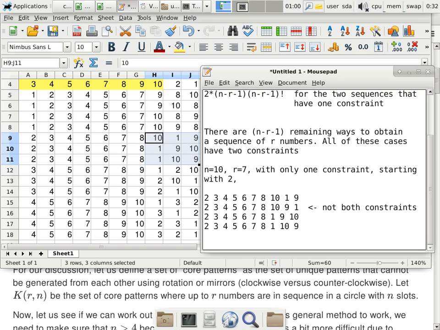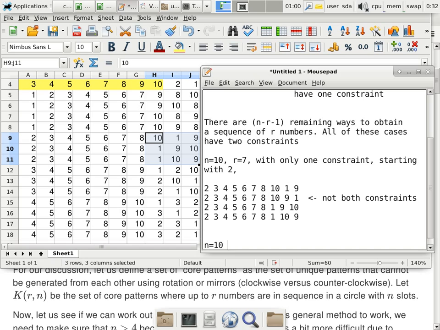Is that okay or not? Because only in this case it's only 1, but when R is 6, it's not 1 anymore. So let's look at the case when R is 6. Okay, that will make it more clear.